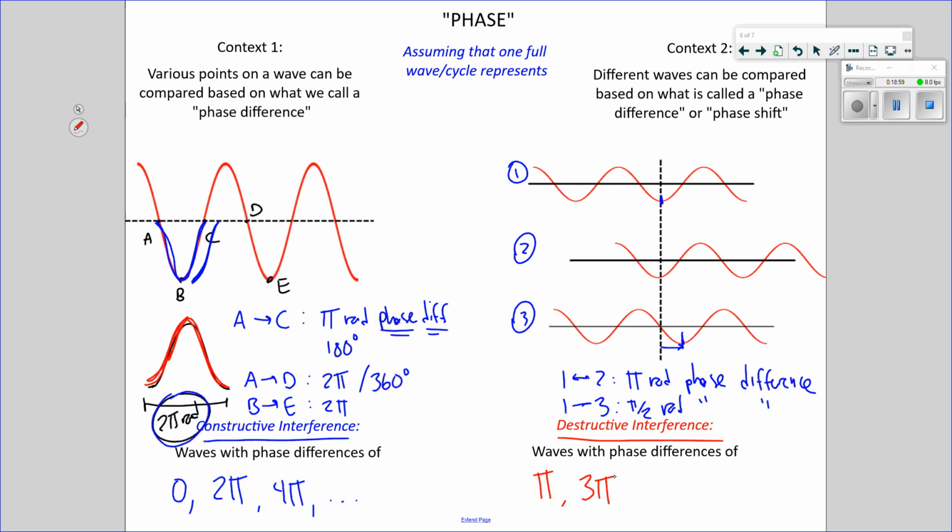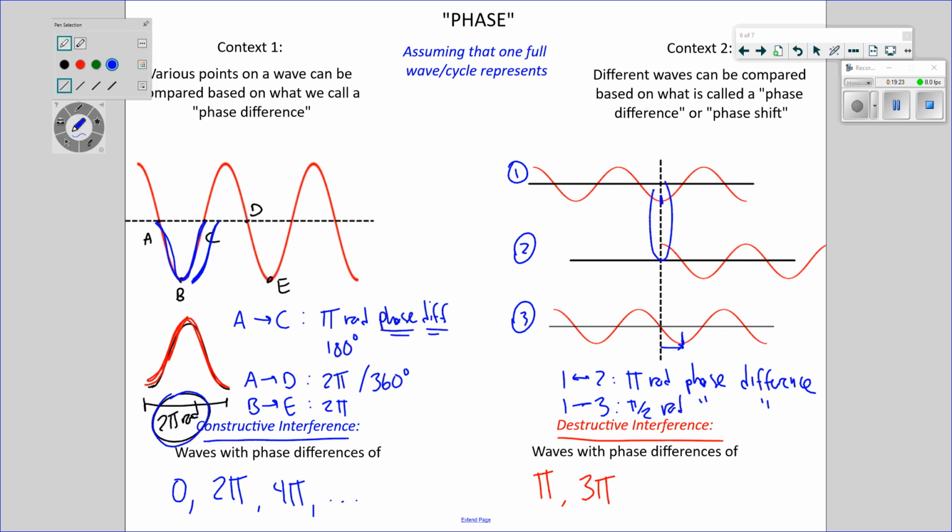Let's see if we can do that. Here's in phase, right? Here's half a wave out of phase, that's pi radians. Here's 2 pi radians, but here's 3 pi radians, back to peak interfering with trough. And what I'm doing is comparing what's happening here and here.